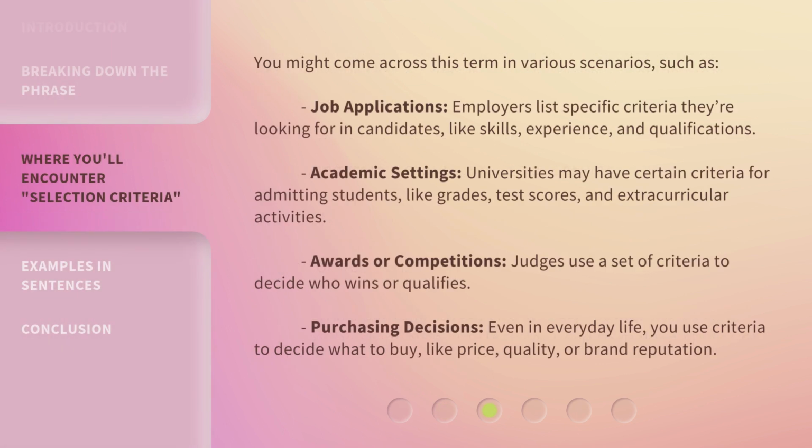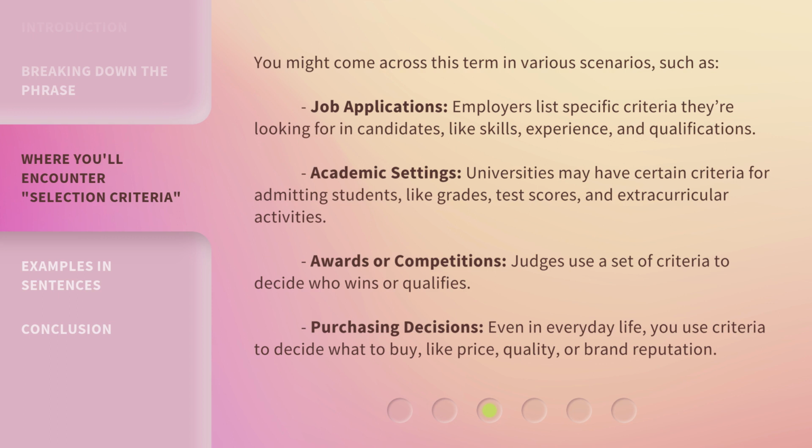You might come across this term in various scenarios, such as job applications. Employers list specific criteria they're looking for in candidates, like skills, experience, and qualifications. Academic settings. Universities may have certain criteria for admitting students, like grades, test scores, and extracurricular activities.